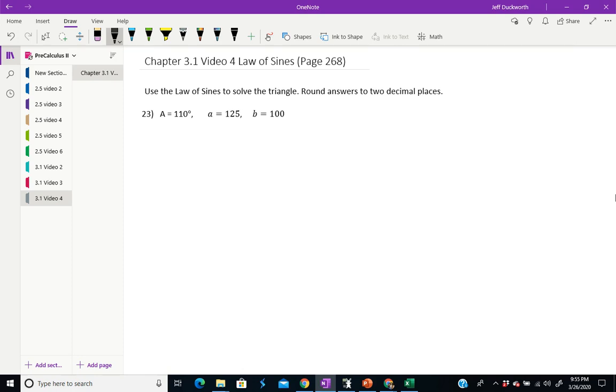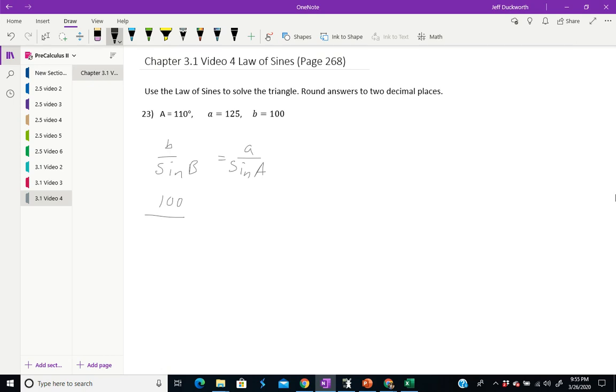All right, so we have b over sine of B equals a over sine of A. We're given b to be 100.